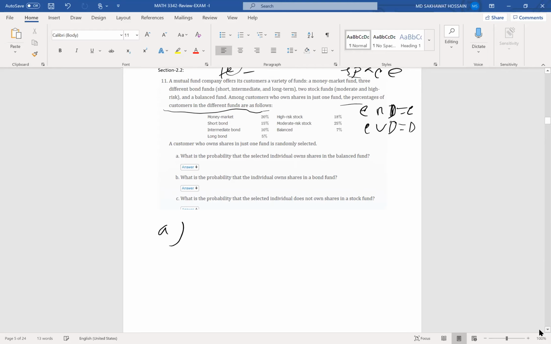The percentage for the balanced fund is 7%, so the probability will be 0.07.